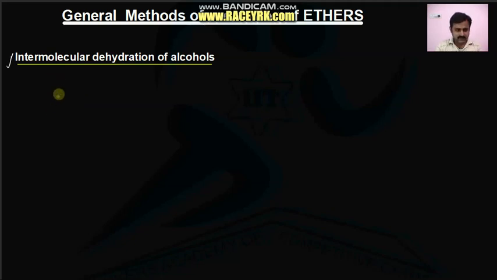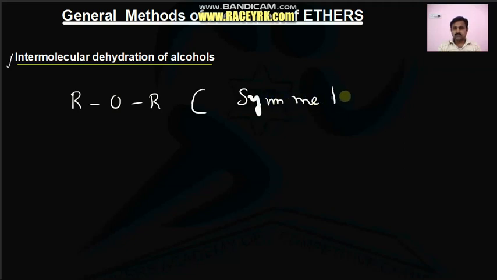So when we take this dehydration of alcohols, the ether which is obtained from the above method called intermolecular dehydration, we will call it a symmetrical ether.